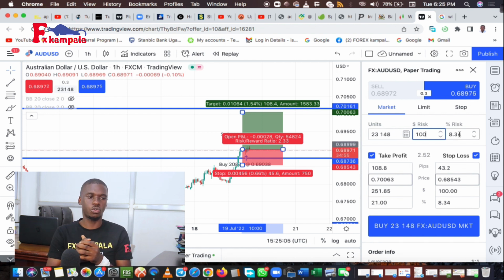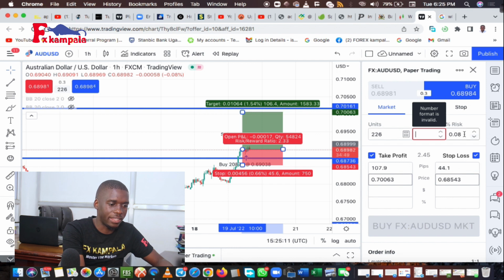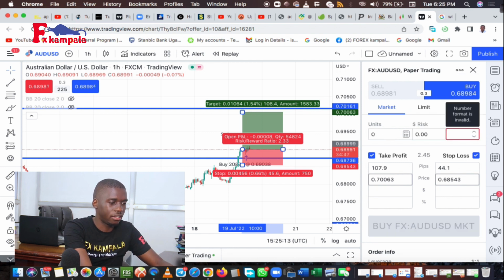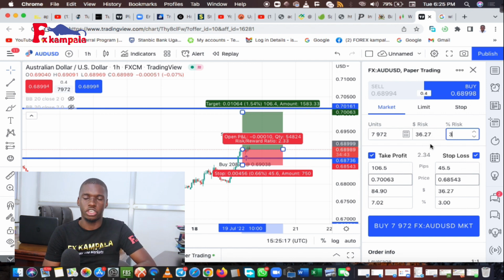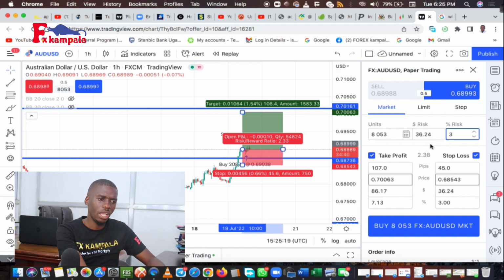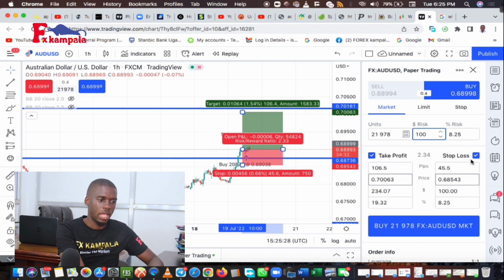So let's say I want to risk 3% on this trade, I just need to come here and say 3. If it is 3, that is about $36.2, and this changes, okay? But I want to risk $100 for this particular account.